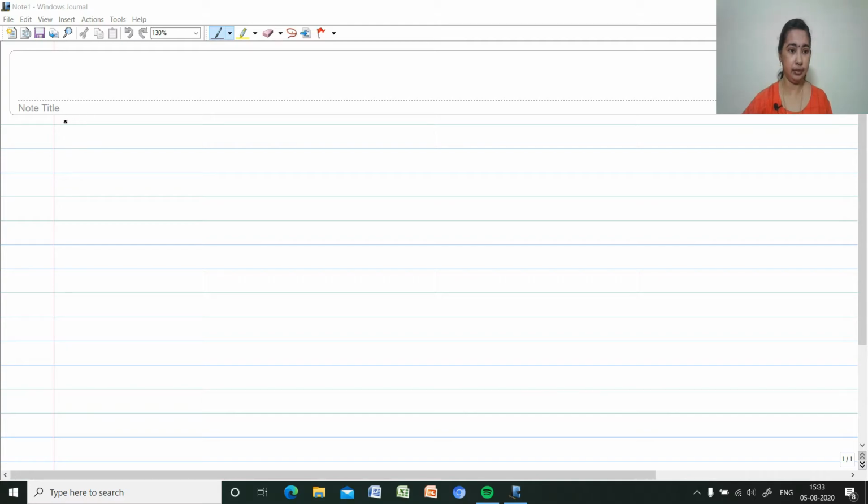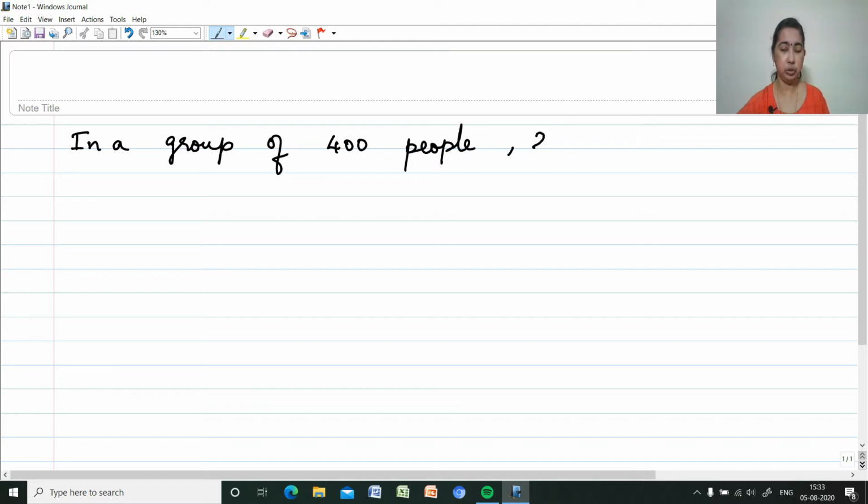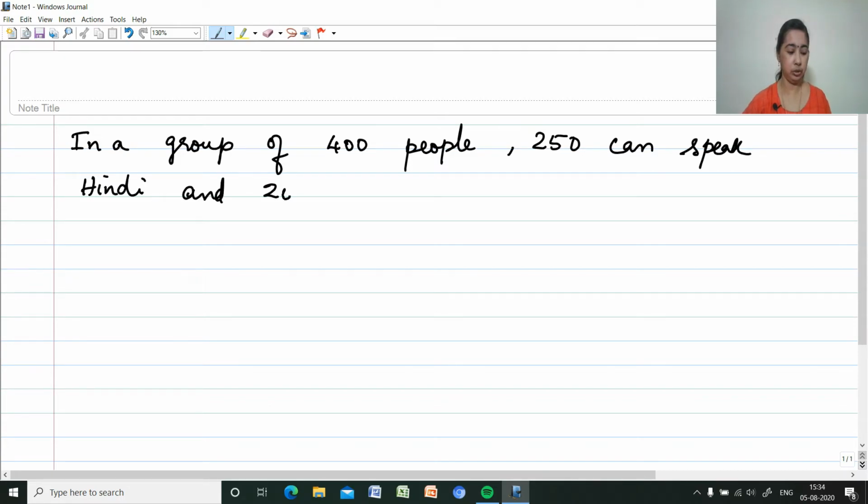So the number of elements of X intersection Y is equal to 10. Next question. In a group of 400 people, 250 can speak Hindi and 200 can speak English.